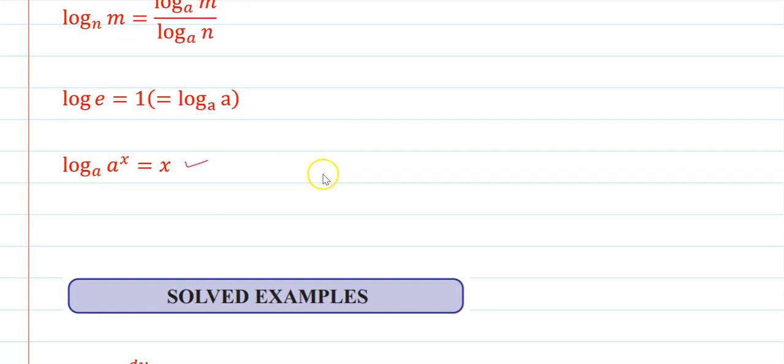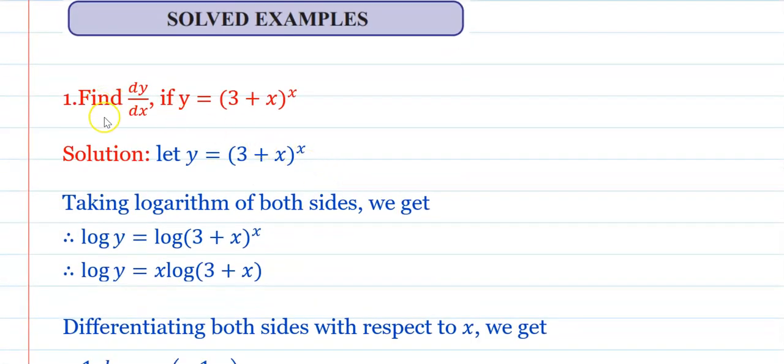Now the solved examples. Find dy by dx if y is equal to (3 plus x) raised to x. Let y is equal to (3 plus x) raised to x. Taking log on both sides, log of y is equal to log of (3 plus x) raised to x. Therefore, log of y is equal to x into log of (3 plus x).